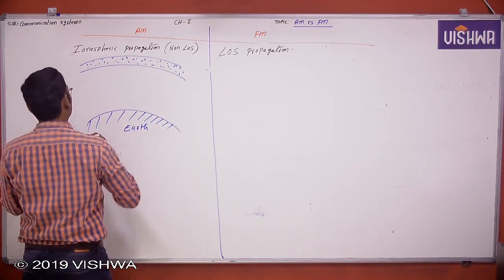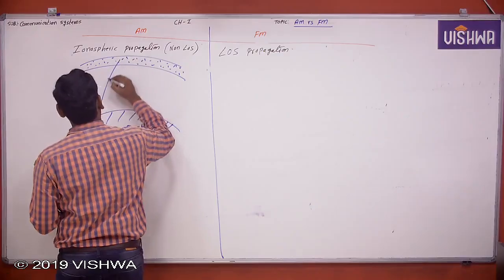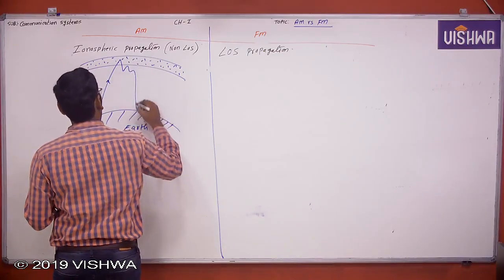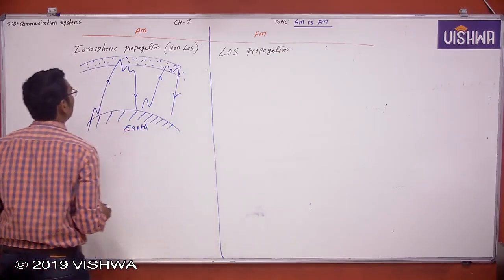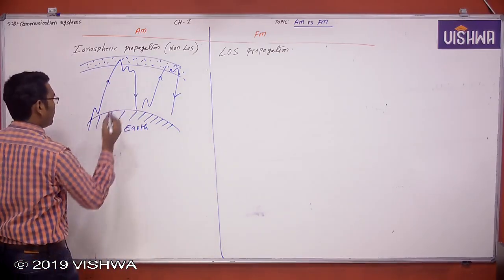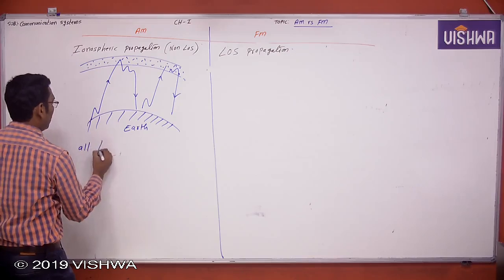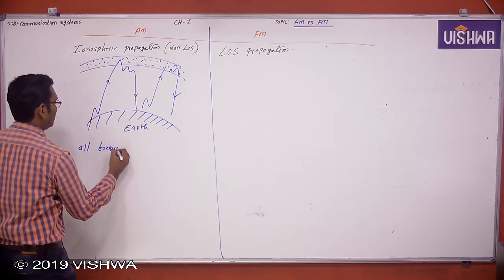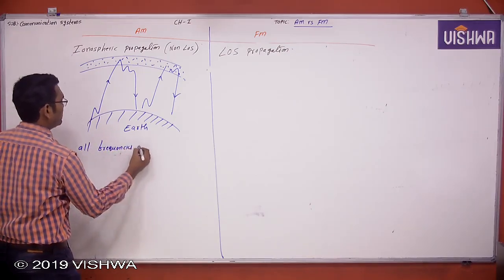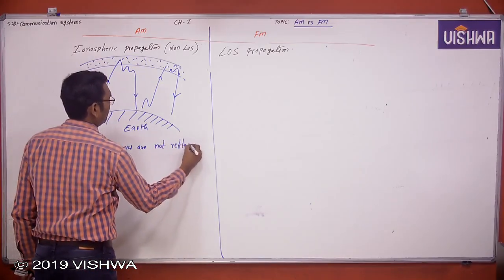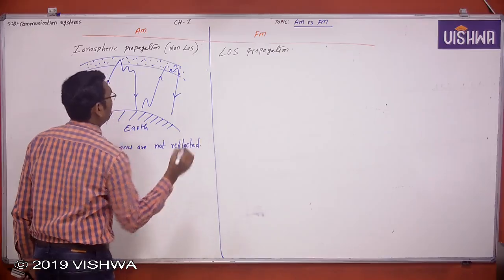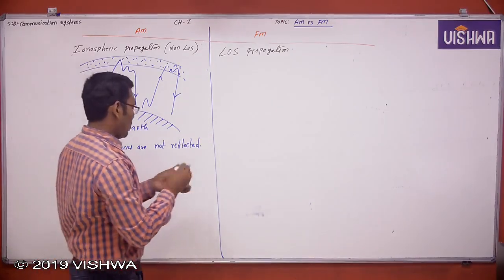Now the signal is transmitted, and here it is reflecting, again transmitting, again reflecting. But the problem in ionospheric propagation is that all frequencies are not reflected.